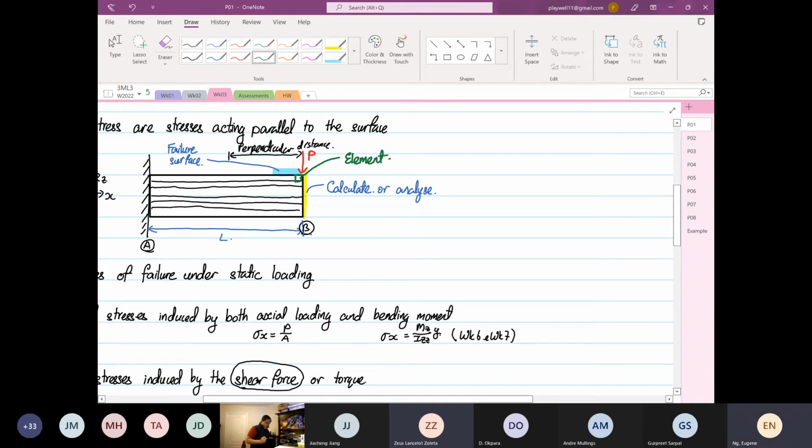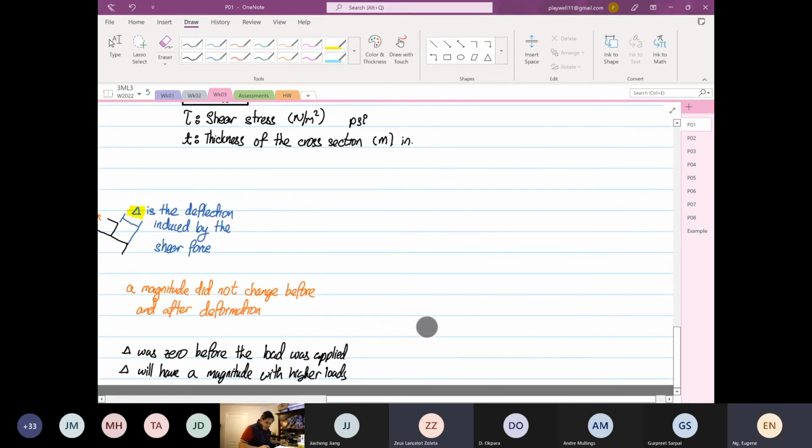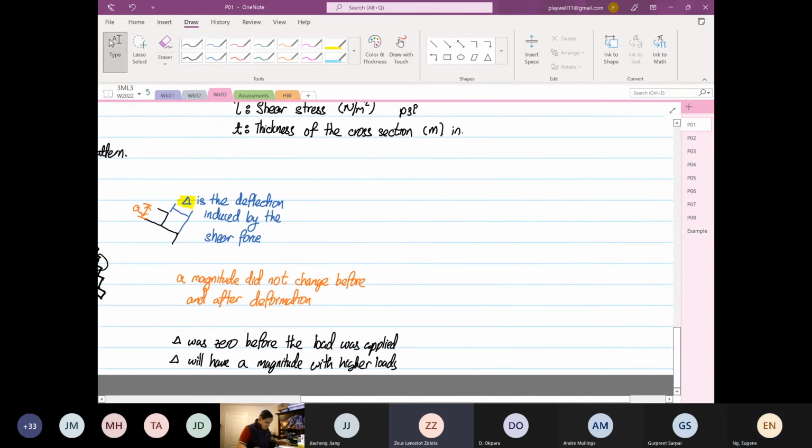Now I draw an element. So I'm going to make our element look bigger. Okay, so this is our element, and the element will follow the transformation of this is x and this is y.